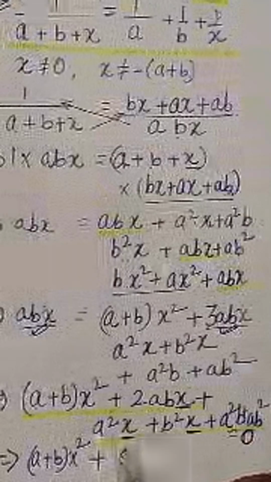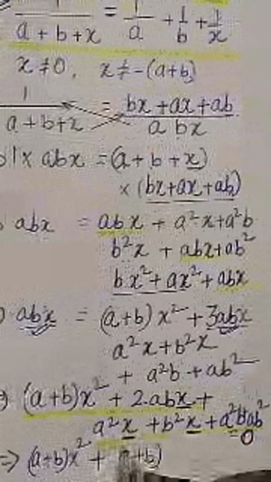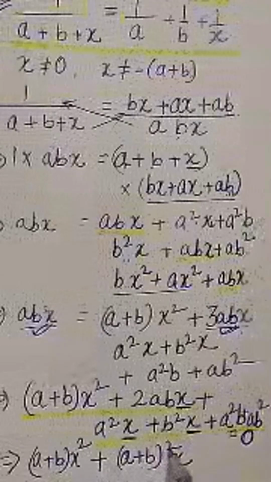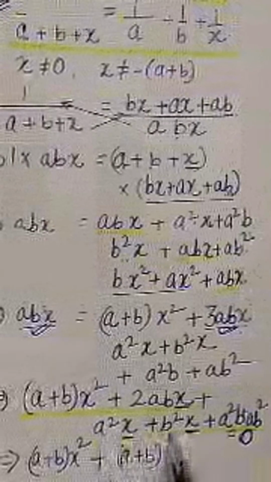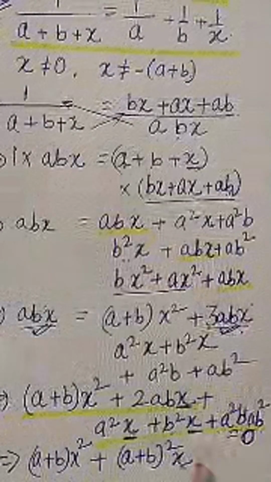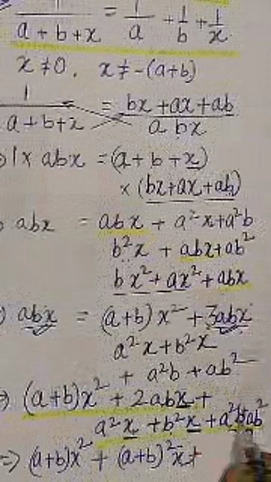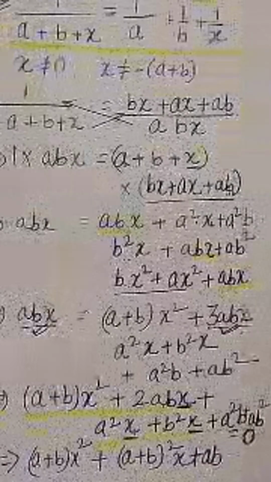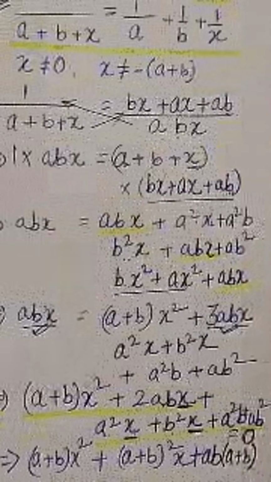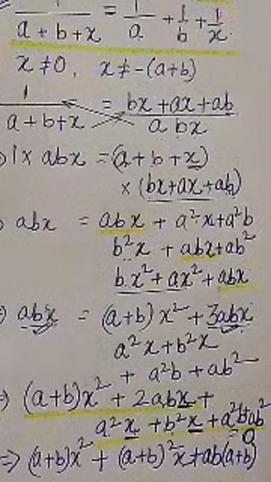So we can write a plus b whole square into x, because expanding a plus b whole square gives a square plus b square plus 2ab, and x is common in all three terms. Now in a square b and ab square, you can take ab as common, and we are left with a plus b. And all this is equal to 0.